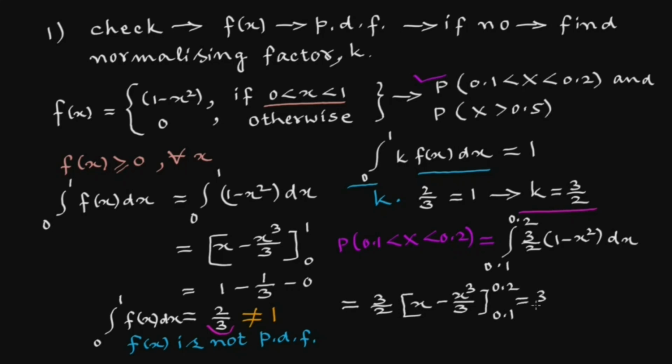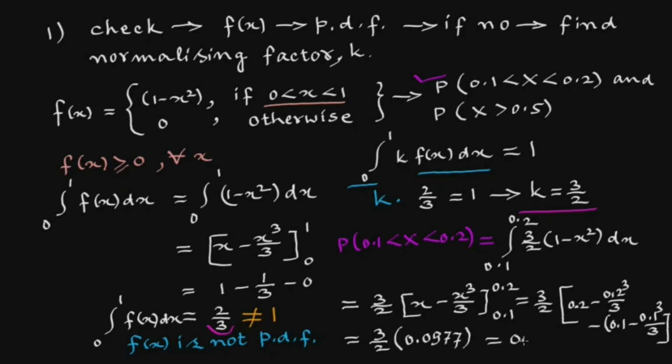That is 3/2 times [(0.2 - 0.2³/3) - (0.1 - 0.1³/3)]. This works out to be 3/2 times 0.0977, which finally becomes 0.146. So the probability of the continuous random variable x between 0.1 and 0.2 is 0.146.